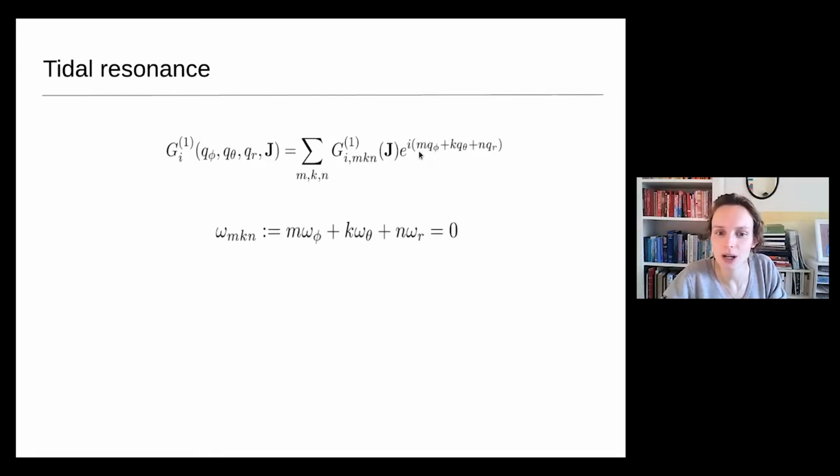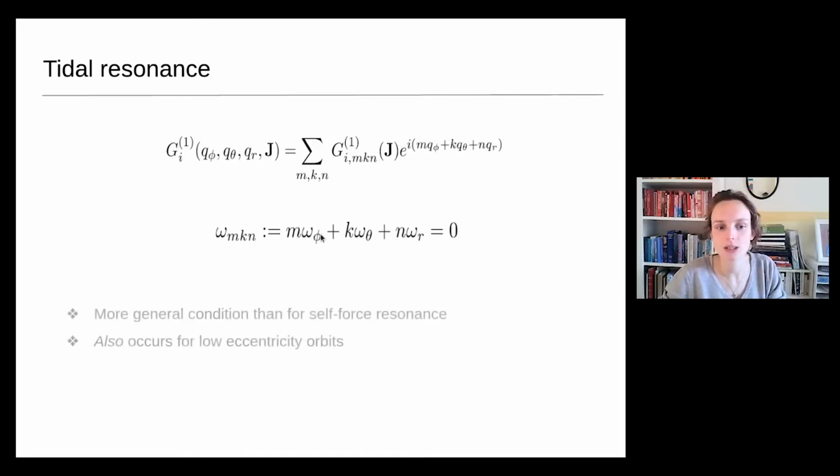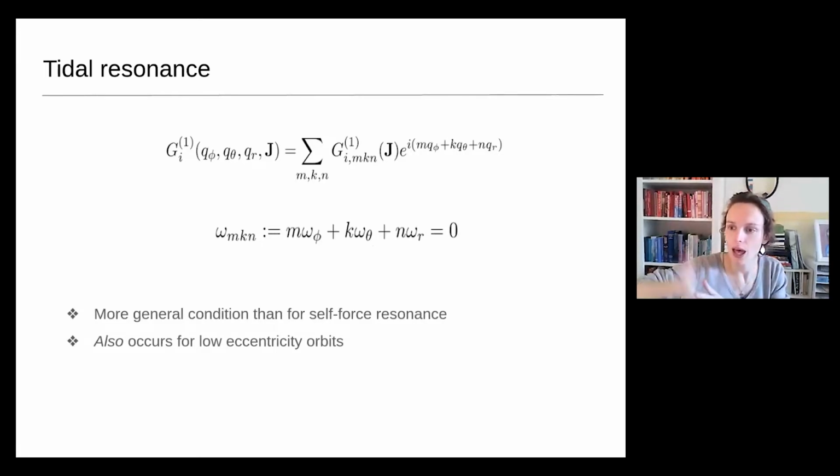So that's the reason why this resonance condition now involves not just omega theta and omega r, but also omega phi. So this is a more general condition. These tidal resonances are more general than the self-force resonance, because I have a whole extra dimension, so to say, to satisfy this constraint. And you can argue and see that they also occur for low eccentricity orbits, whereas that's not the case for the self-force resonance.